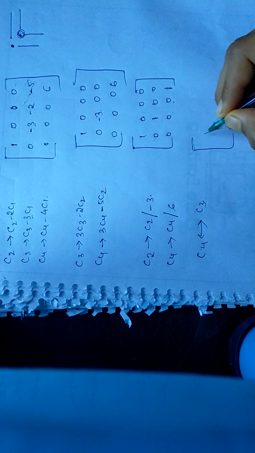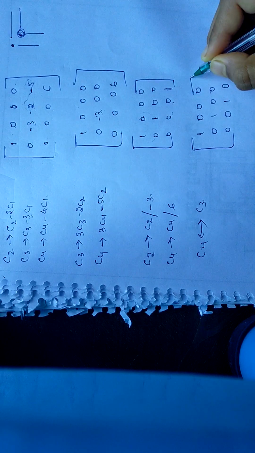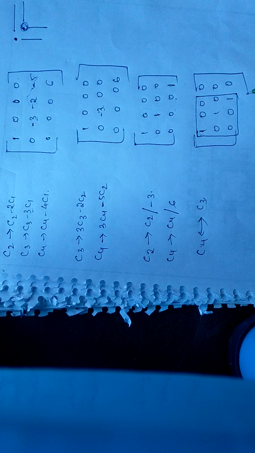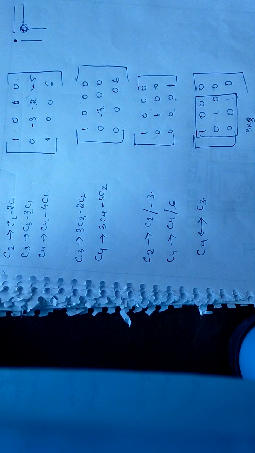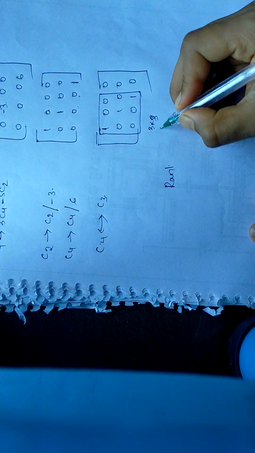Then the final matrix will be 1, 0, 0, 0, 0, 1, 0, 0, 0, 0, 1, 0. Now if you observe here, leaving aside the 0 rows, we have the diagonal, that means a unit matrix, so it is of order 3 by 3, right? Okay, so now the rank will be, it is of order 3 by 3.